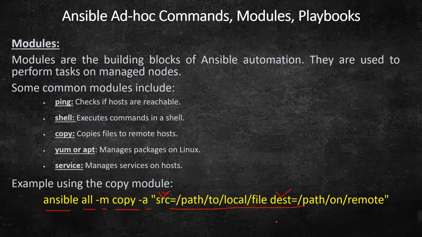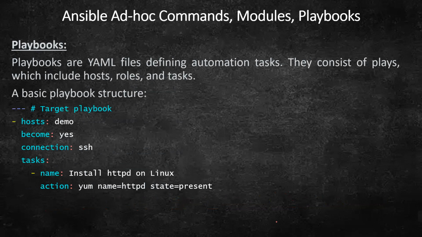Okay, so let's go to the next, the Ansible playbook. So what is an Ansible playbook? Playbooks are YAML files. An Ansible playbook is written with the YAML extension, and the YAML file defines the automation tasks.